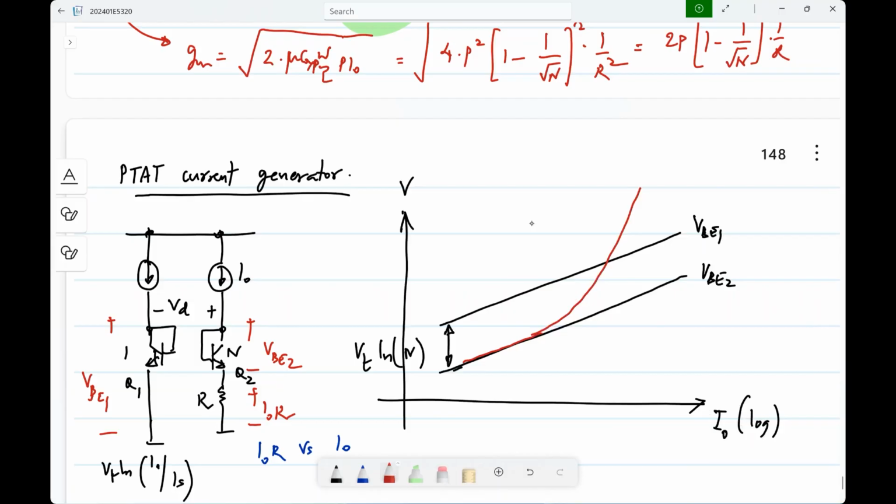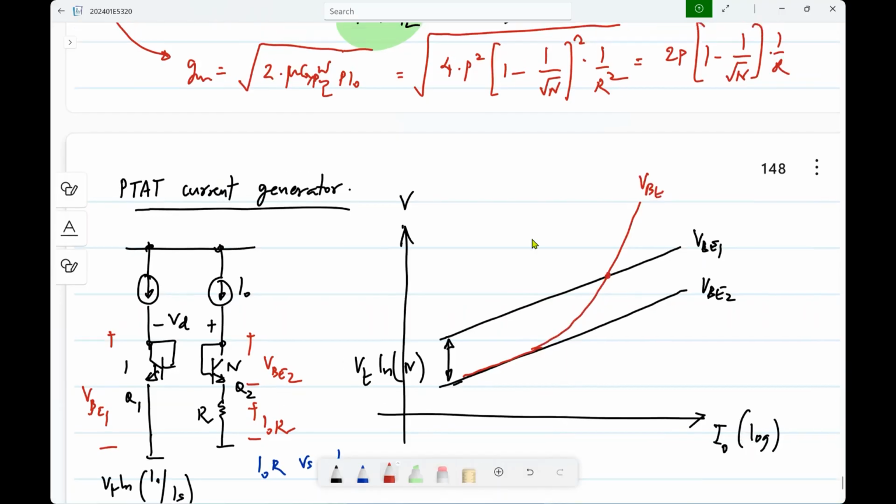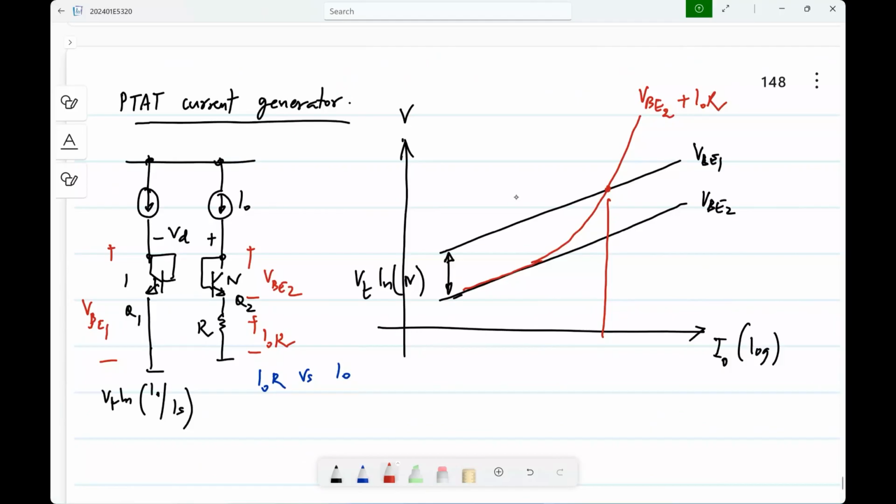So it will do that. And this is my magic point. So this is basically VB2 plus I naught R. So this point corresponds to what will be the current? What does this point correspond to? So basically where you have Vt log n by R.